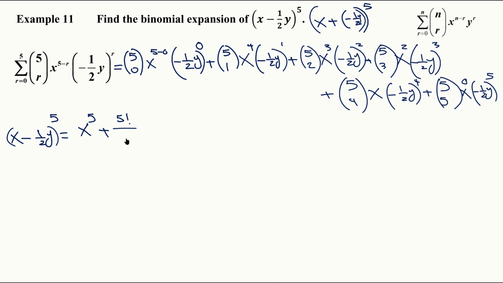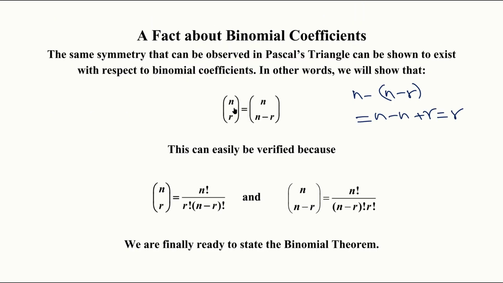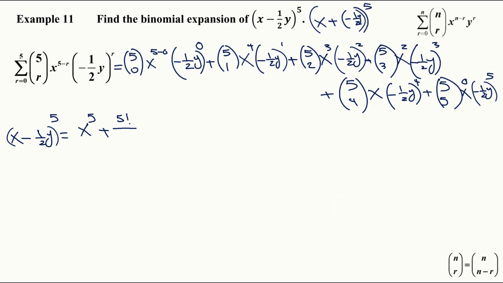now I could write 1 factorial, but I know that 5 choose 1 is the same as 5 choose 4. Remember? Let me show you why. Remember this fact? n choose r is the same as n choose n minus r. Now, let's see why this is helpful. So remember, this is the fact we're going to use. So down here, I can show you, 5 choose 1 would require me to do 5 factorial over 1 factorial times 4 factorial, right?